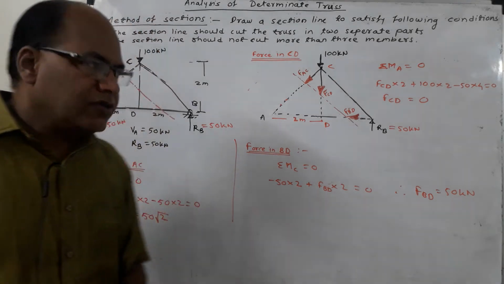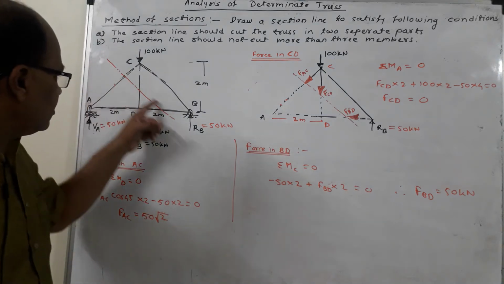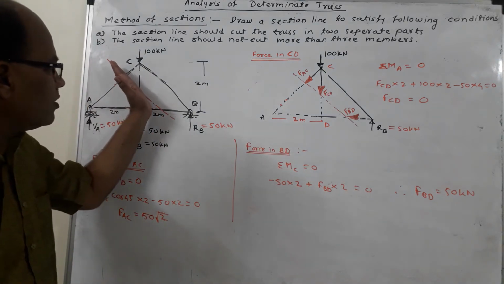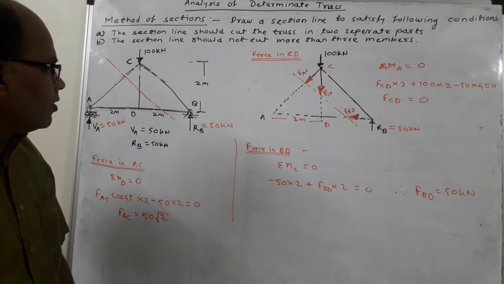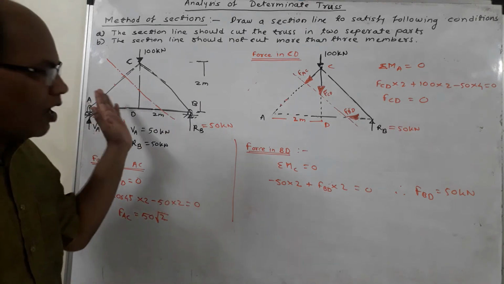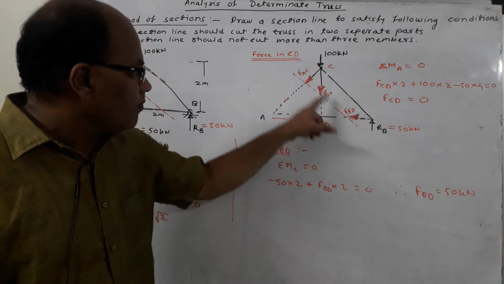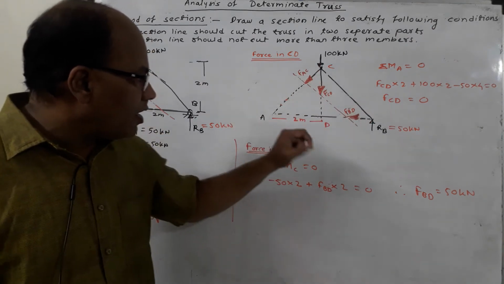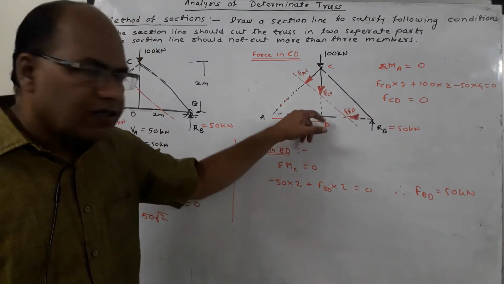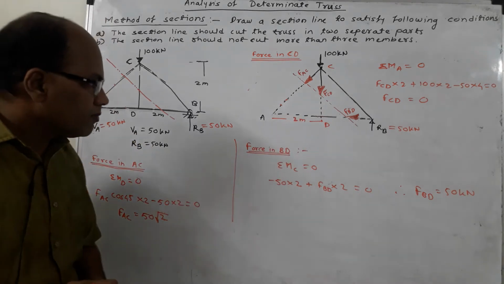So I am going to use this fact. This is the section line. I am going to consider the right part. You can consider the left part also. So I am considering the right part, and that is why I have shown the right part by means of thick lines, and the left part by means of dotted lines.